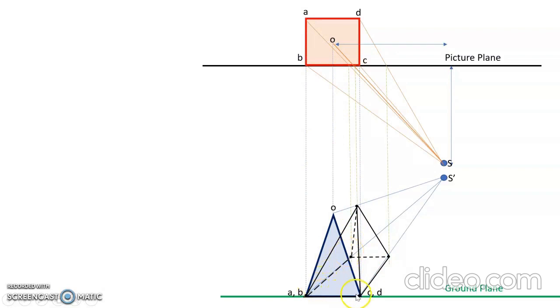This is capital B, this is capital C, and this edge is capital D. This is O. This is the perspective projection of a pyramid. So we have drawn the pyramid.